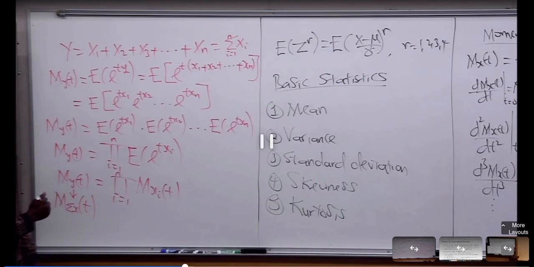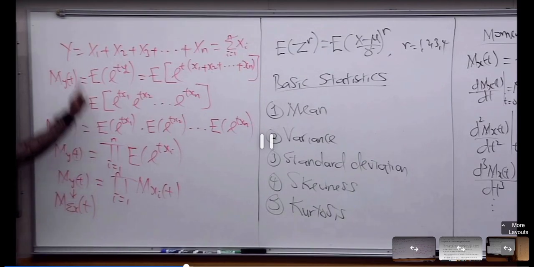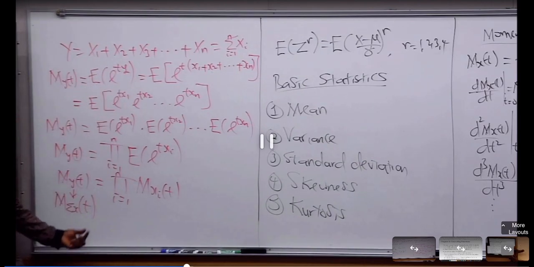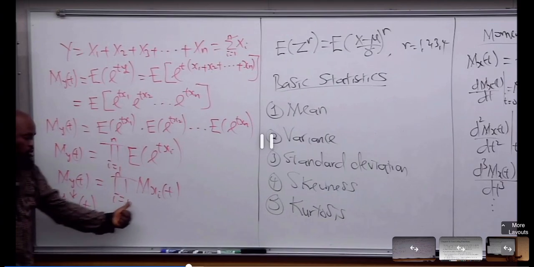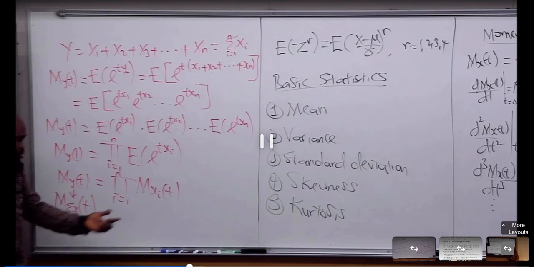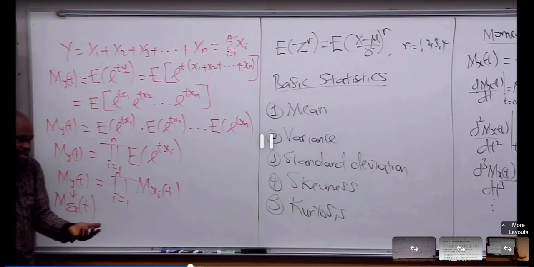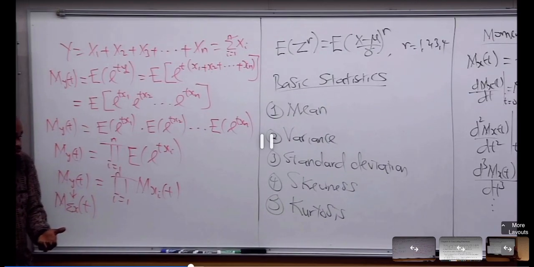What I just demonstrated is how the moment generating function of a sum of random variables, Y equal to that, works. What I've just established is for the situation where X1 up to Xn are independent. If they are independent, then the moment generating function of the sum is going to be the product of the respective moment generating functions. My assumption here is you're multiplying them. It doesn't really matter whether they follow the same distribution or not.